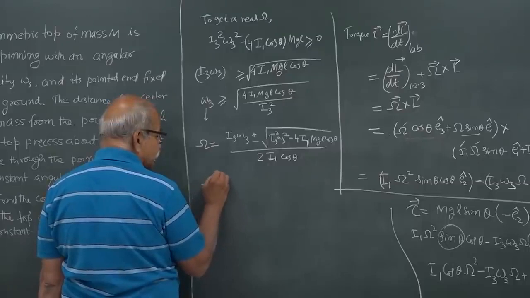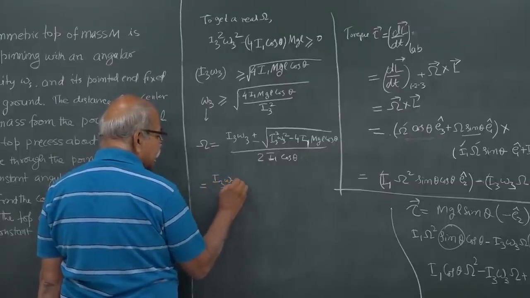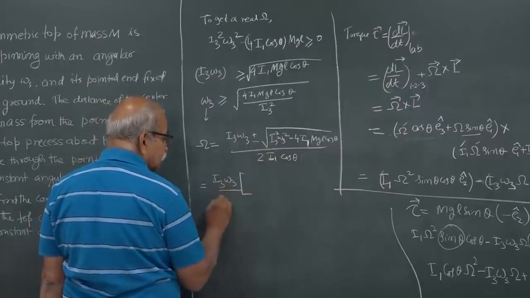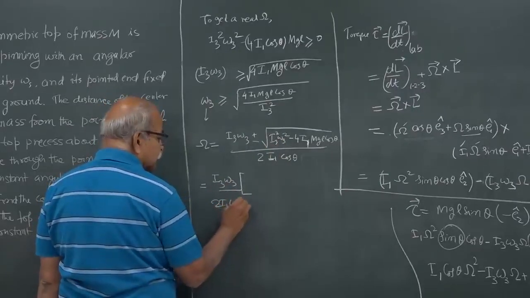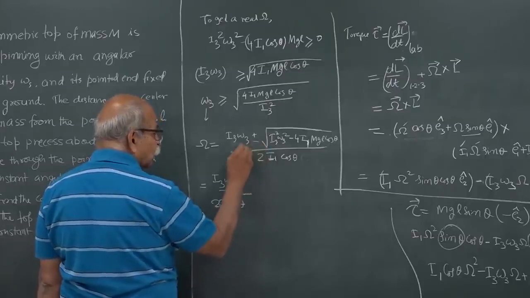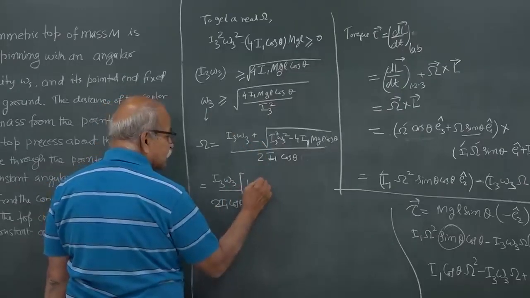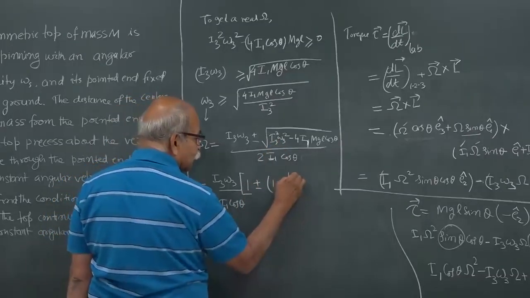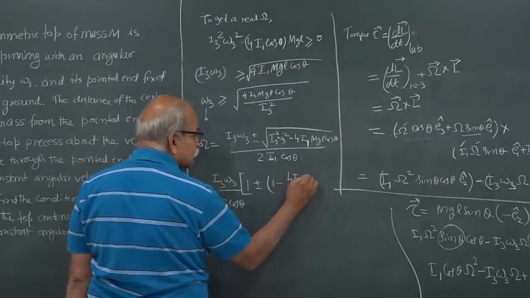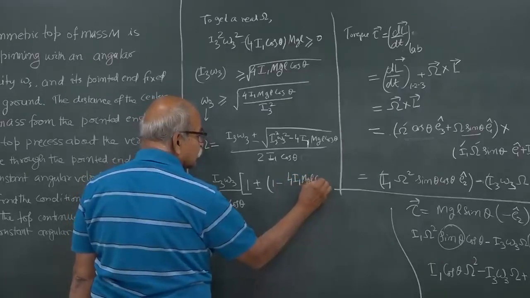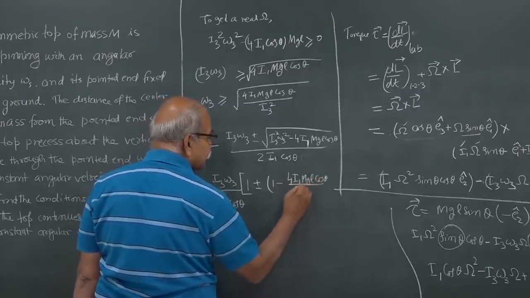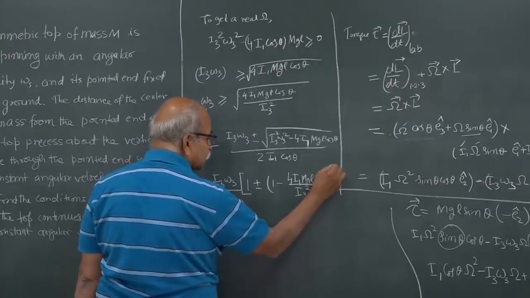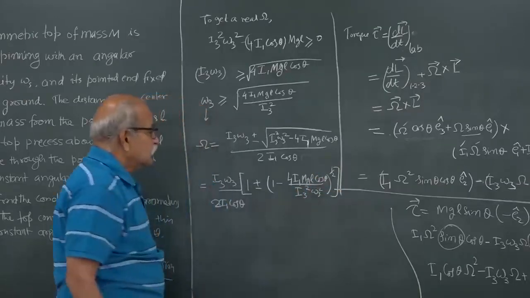You can simplify it a little bit. If you take this I3 omega 3 common out of it, with 2 I1 cos theta here, you get 1 plus or minus the square root of 1 minus 4 I1 mgL cos theta divided by I3 square omega 3 square, half power, right.